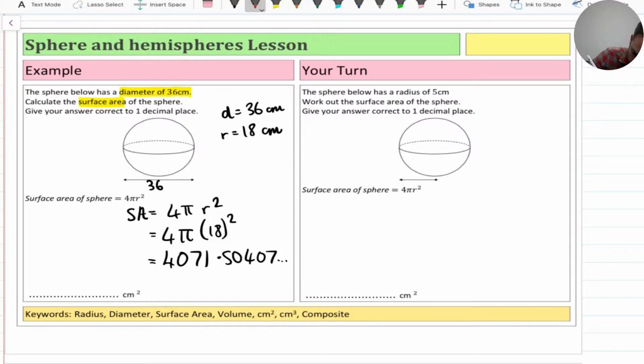However, we want to round this to one decimal place, so that's where it's going to be. So our answer to this is equal to 4071.5 centimetres squared this time, because we're talking about area.